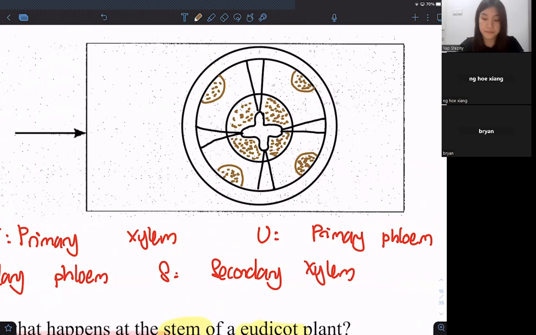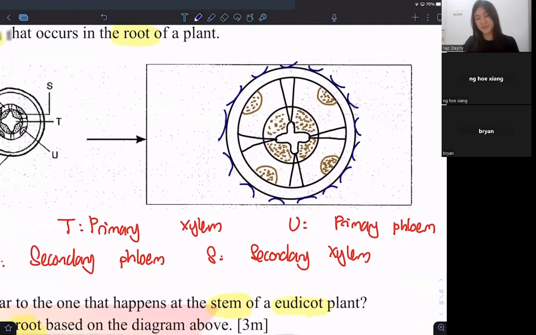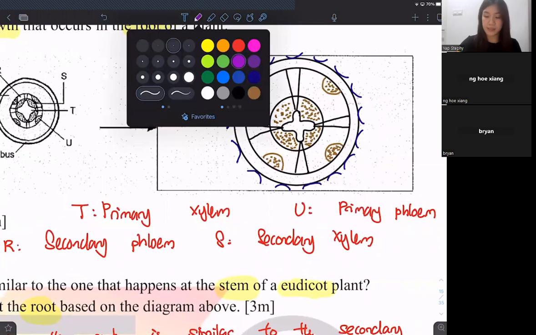Yeah, that's all for this line. And also you can draw the cork cambium. Yeah, like this. Okay, so you can help me label it here.